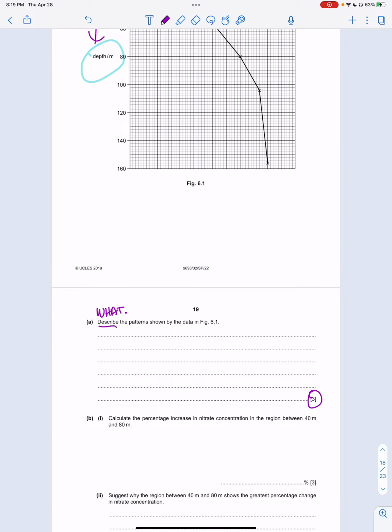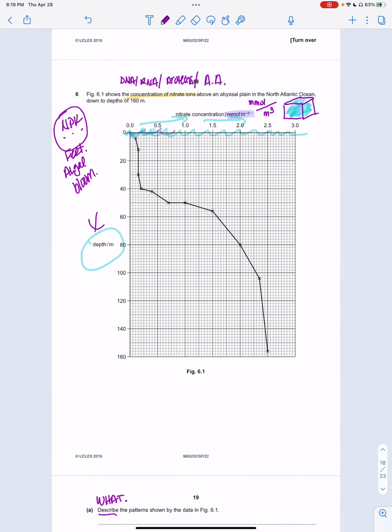So just in general, as our depth is 0, 20, 48, it's increasing. I know that looks like it's decreasing, but depth is increasing. We're low where it's shallow, then we get higher, and then it gets higher again, right?